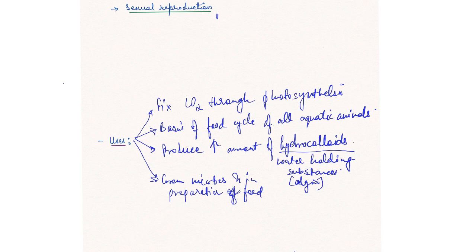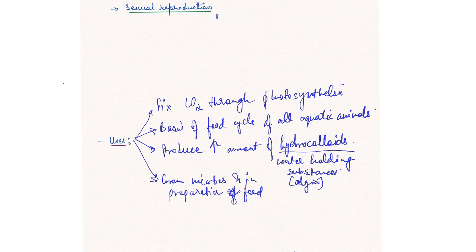The algal product agar is used in a lot of food material where you need to produce a jelly like substance. So in ice creams and jellies, these are used as a basic component.